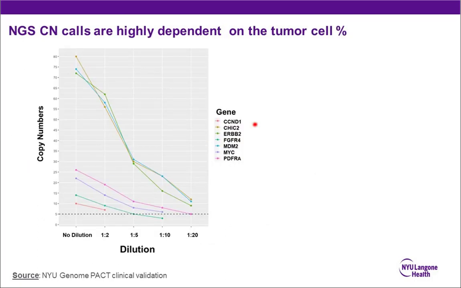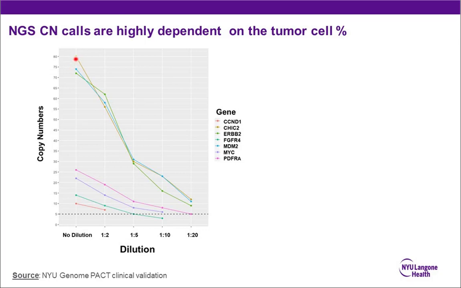Even more critically, I would emphasize that copy number calls are highly dependent on tumor cell content. You can see the experiment we set up here that shows samples with various amplifications of various genes, which were then sequenced and called for copy number amplifications.